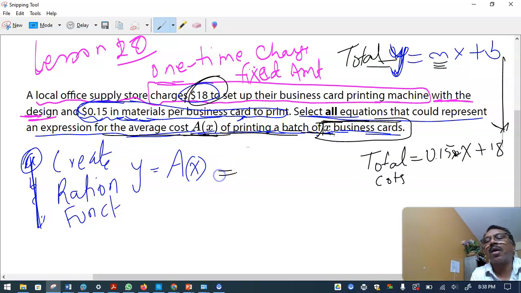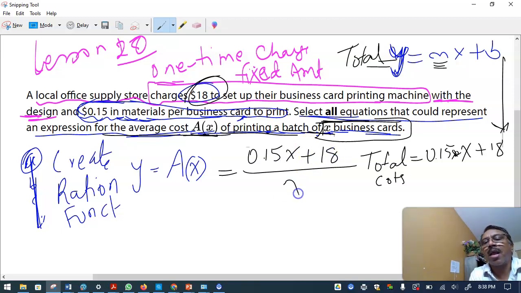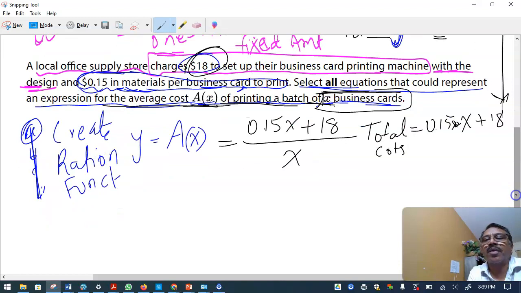So what it means is not just the total. That means you have to have a ratio of 0.15x plus 18, this total divided by x. Let's imagine, I just want you to get this part here.